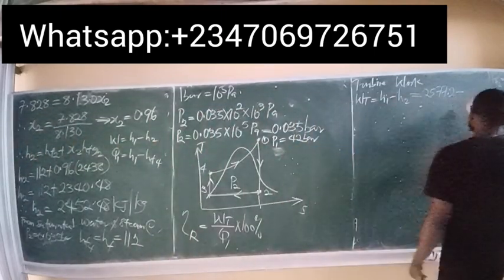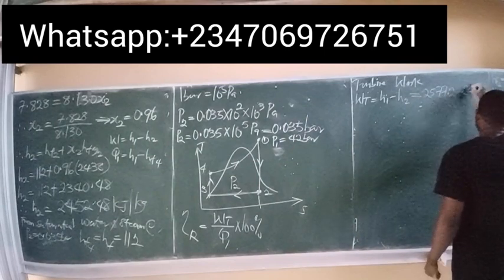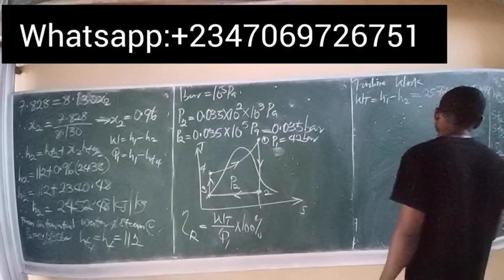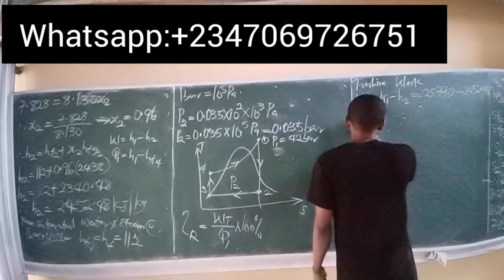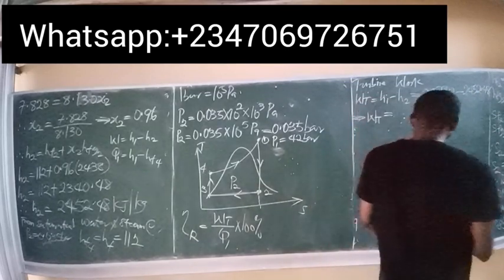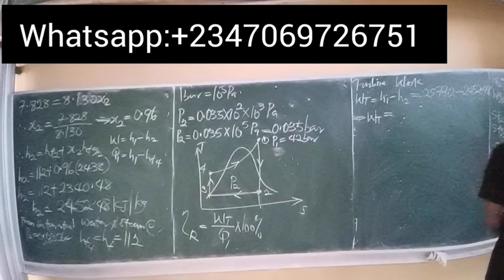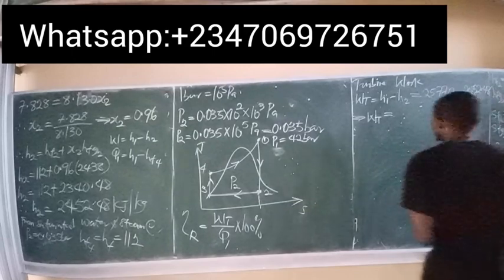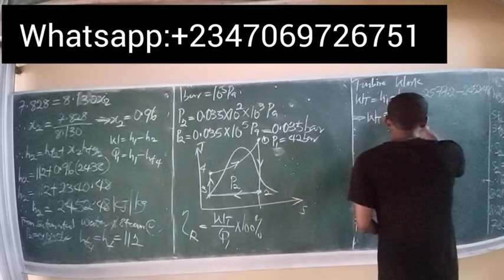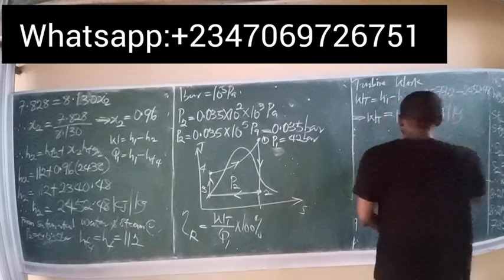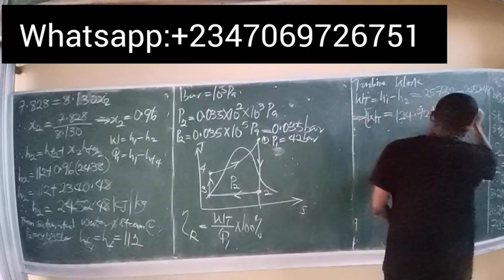So put that down, minus 2452.48. So that gives 2577.2 minus 2452.48. This implies turbine work is equal to 2577.2 minus 2452.48. You have 124.72 kilojoules per kilogram. So this is the turbine work.